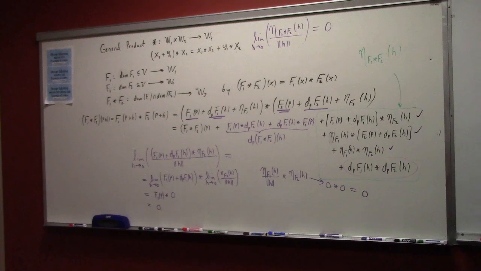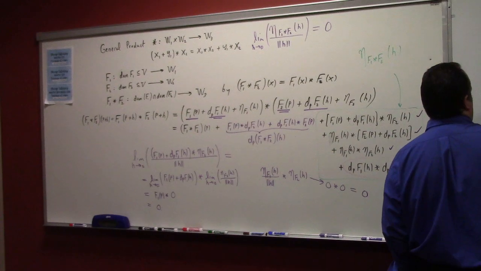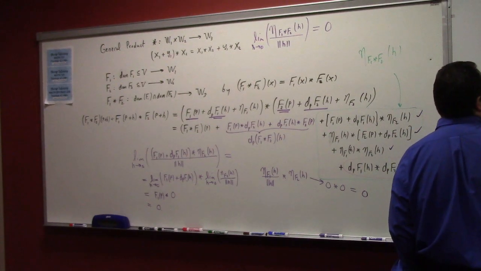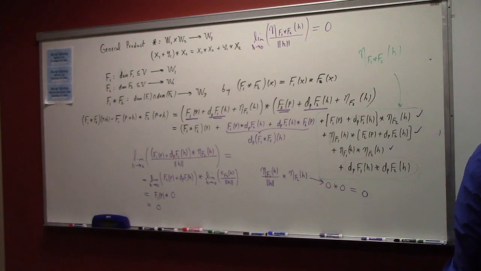And this would be equal to 0 if we can show this limit exists. If this limit exists, then the product rule fixes it for us. So really, we just need to prove that the limit of this is 0.